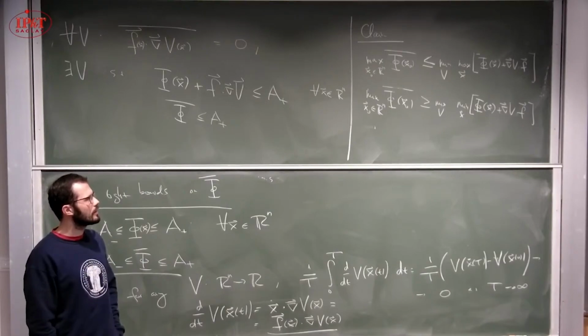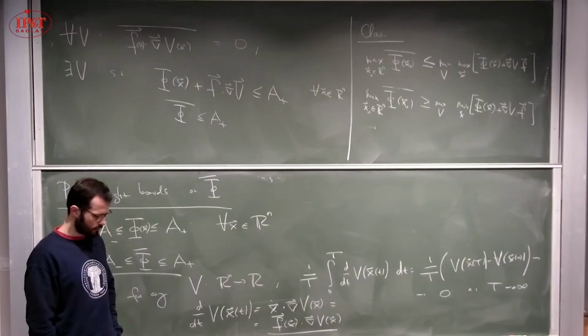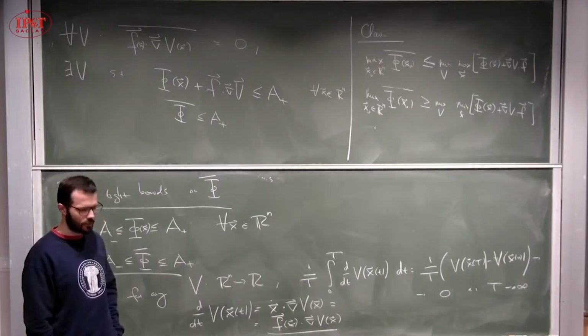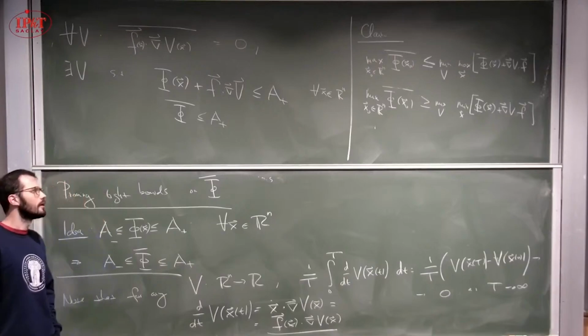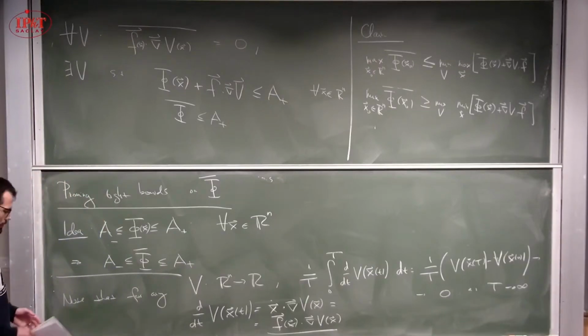If the functions are regular enough, probably it goes through, but you need to add some regularity assumption. Yeah, I haven't thought about the discrete time case, but that seems like a very general question.